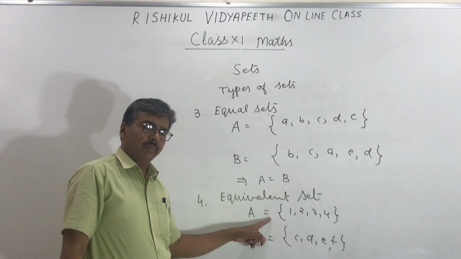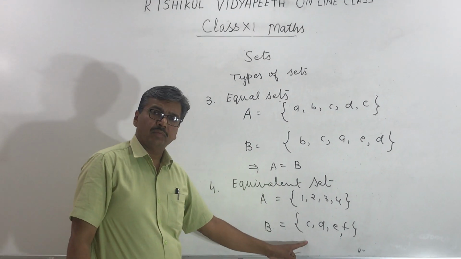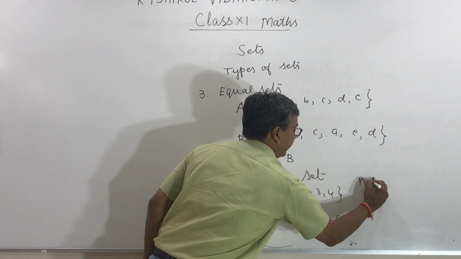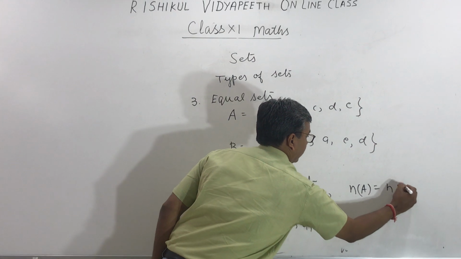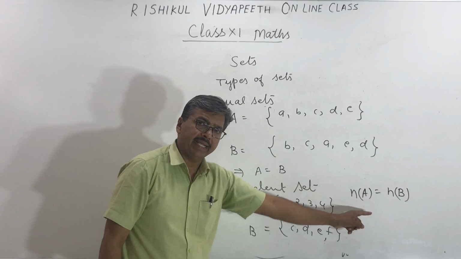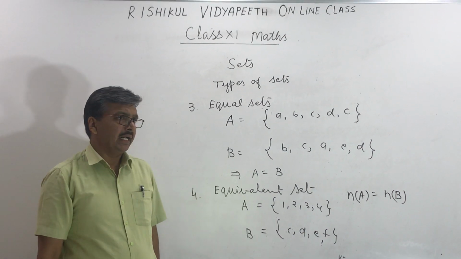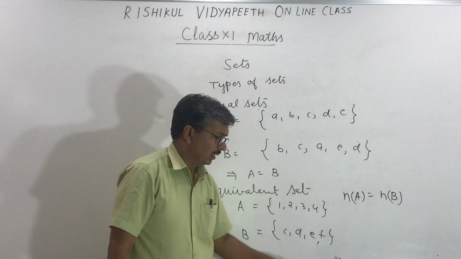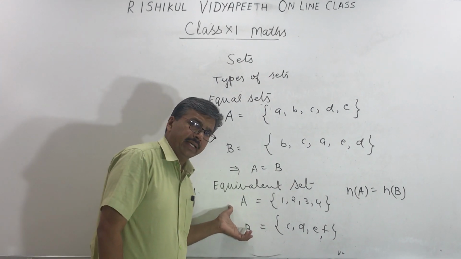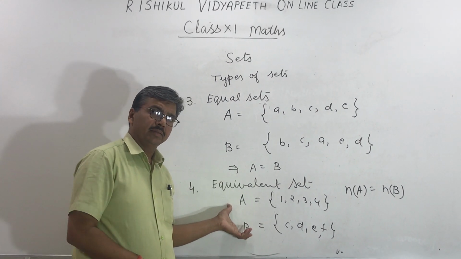Set A has 4 elements, set B has 4 elements. Here we can write n(A) = n(B). n(A) means the number of elements of set A, which is 4, and the number of elements of set B is 4. Therefore, A and B are said to be equivalent sets.